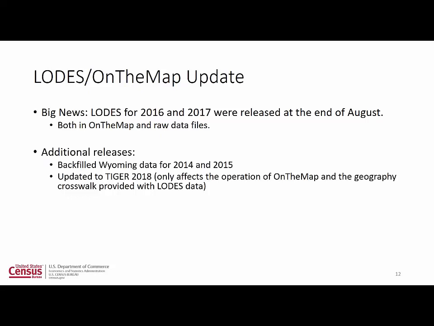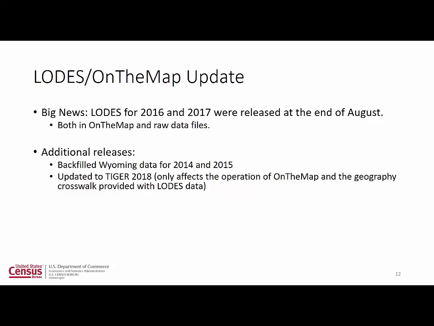The other thing we did with this data release is update to Tiger 2018. For those of you who are not familiar with Tiger, it is the base geography set that the Census Bureau uses. And the Census Bureau keeps that up to date to keep in line with current political and legal boundaries.